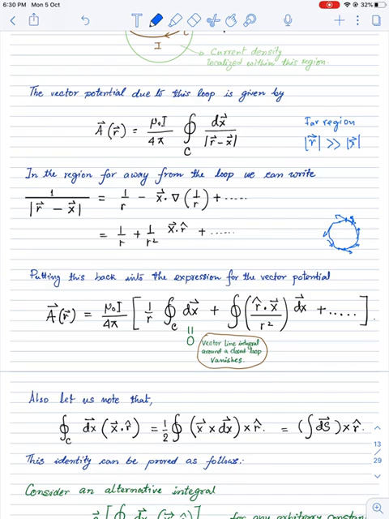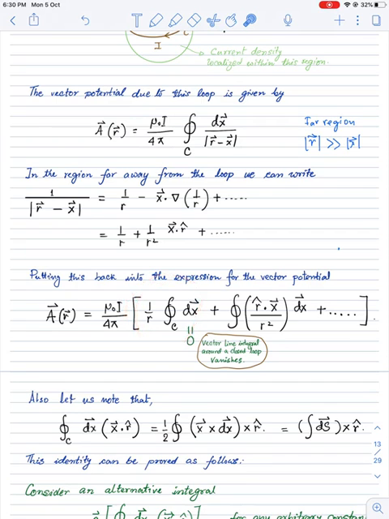If it is not a vector addition but just a loop integral without any vector, then you will get the circumference of this loop. But if it is a vector integral, then this integral is essentially zero, and therefore this term vanishes, because this is a vector integral over a closed loop. Okay, a vector integral over a closed loop must vanish, so this term vanishes.